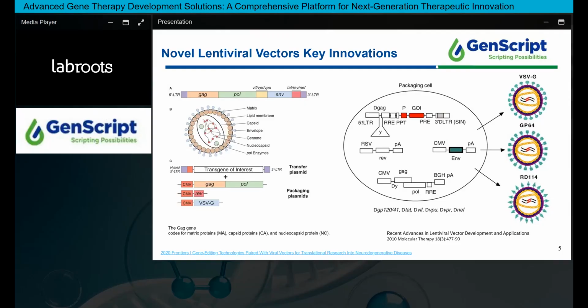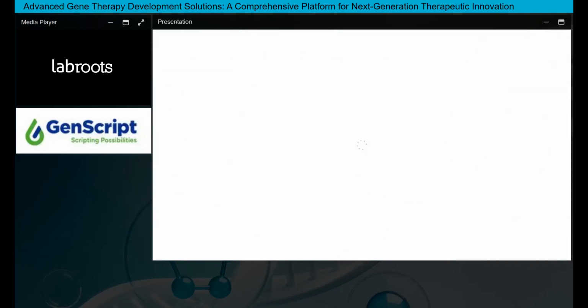A prime example of early innovation to meet these needs is pseudotyping, by constructing vectors with different envelope genes like VSVG or now even the Baboon envelope. Scientists are creating distinct pseudotypes that exhibit more specific cellular tropism, a critical step towards in vivo delivery.